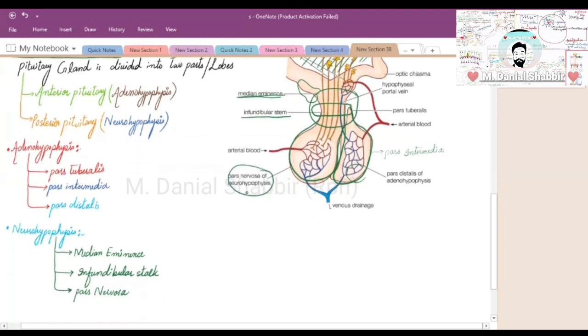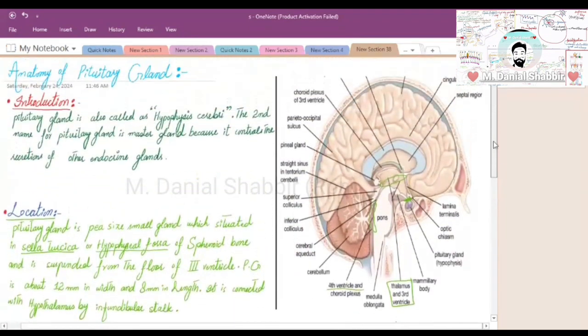This is neurohypophysis, and this is adenohypophysis. So the anterior lobe has three parts: pars tuberalis, pars intermedia, and pars distalis. The posterior lobe also has three subdivisions: the first is median eminence, the second is infundibular stem and stalk, and the third is pars nervosa of posterior pituitary. This is all about the structure, location, and introduction of the pituitary gland.